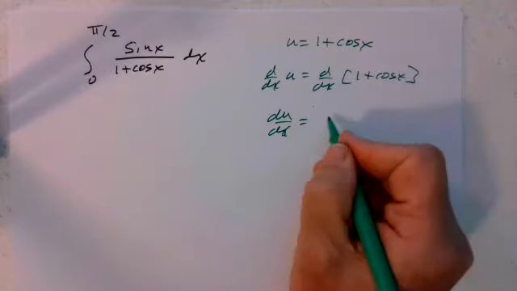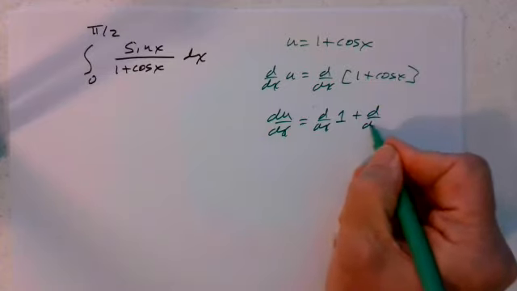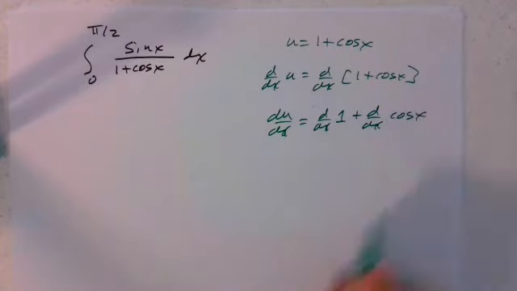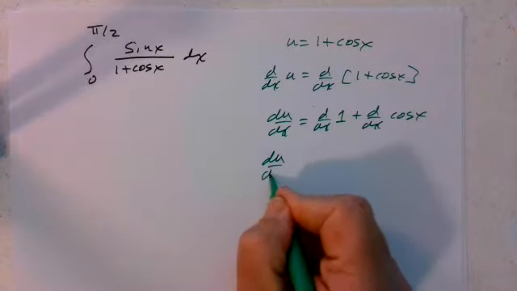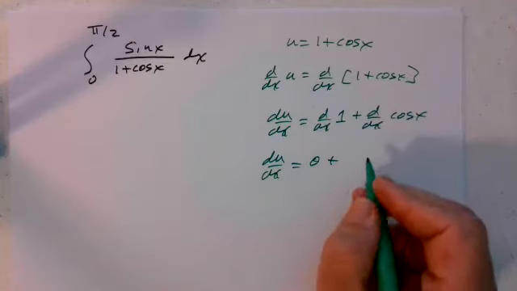The derivative of the sum is the sum of the derivatives, d dx of 1 plus d dx of cos x. So we get du dx is 0 plus the derivative of cosine, which is minus sine x.